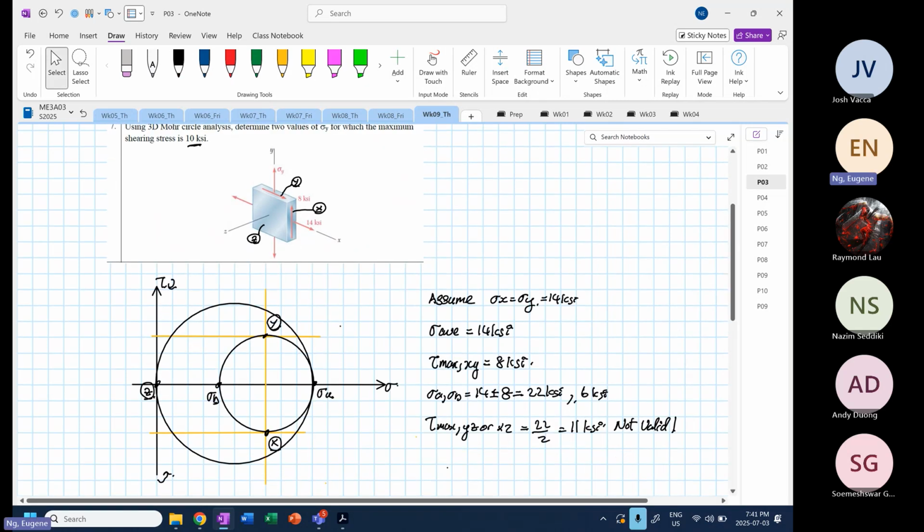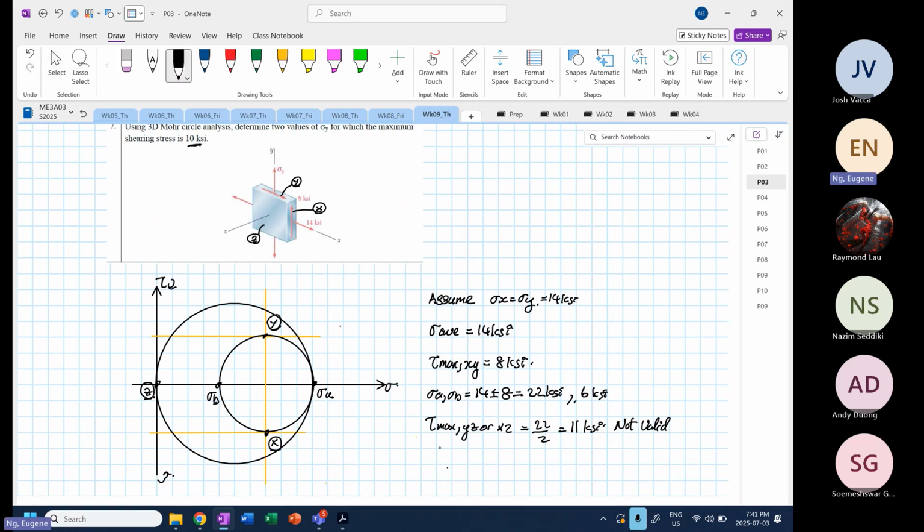It's not valid because of what? Because we have our tau max of 11 KSI, which is greater than the tau max allowable of 10 KSI.